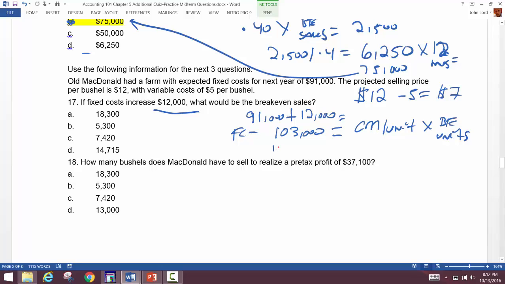So 103,000 is supposed to equal $7 times my break-even units, which I don't know what that is. That's what the problem wants me to figure out, right? I divide each side 103,000, divide each side by $7. Do I get an answer here?